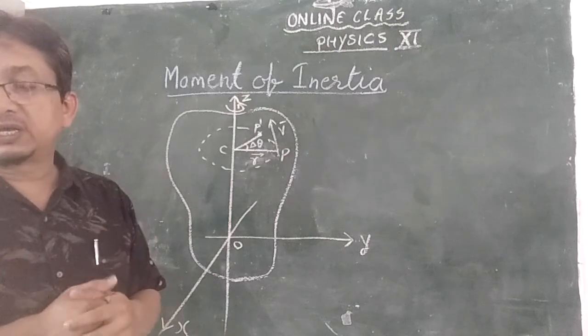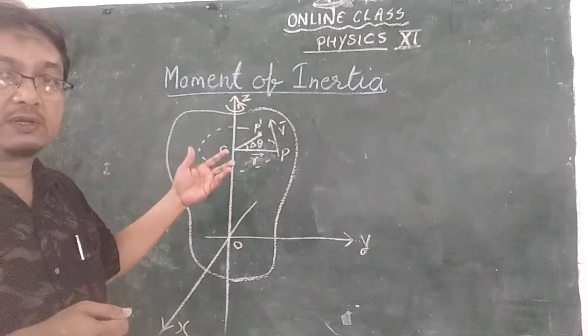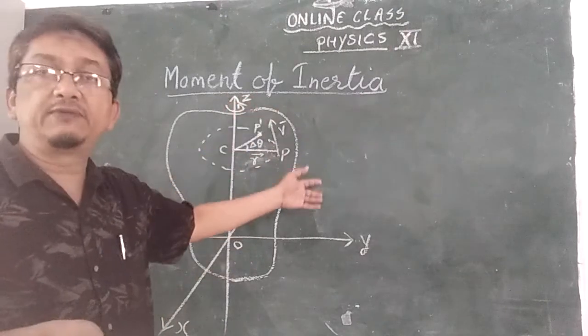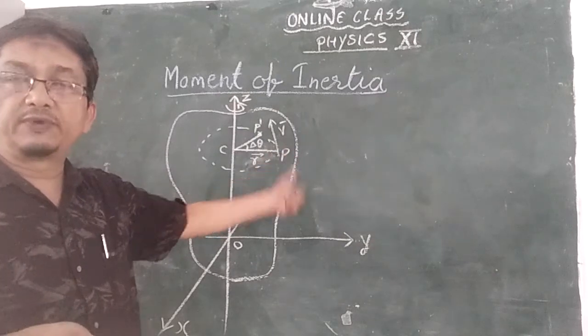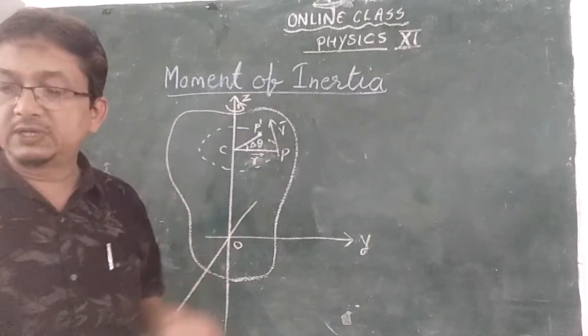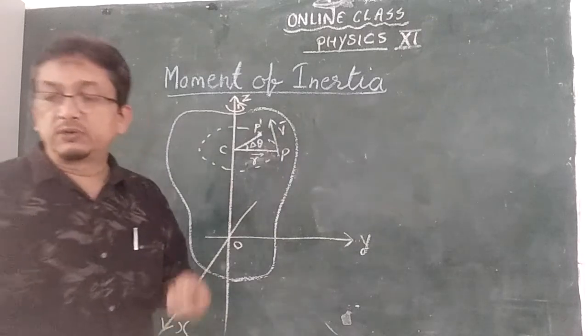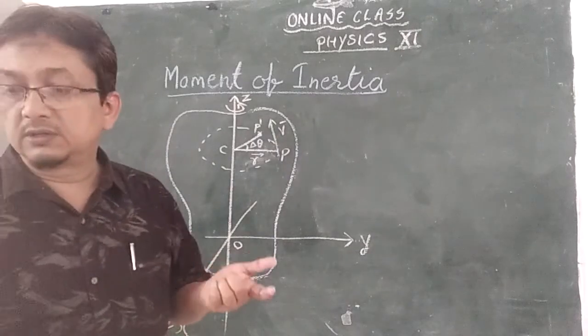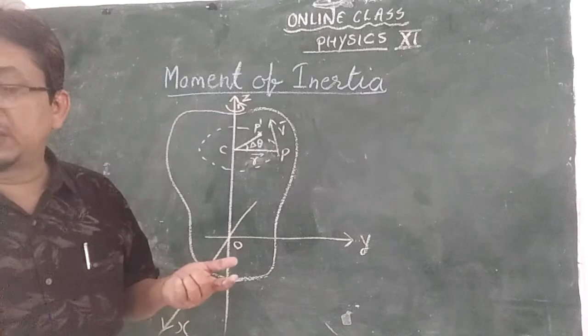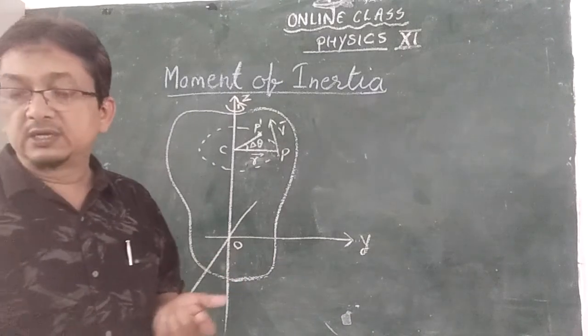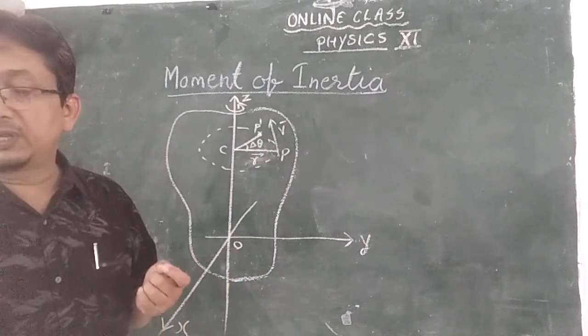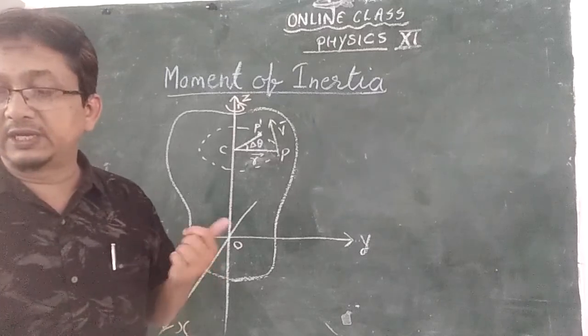So you can see here, you can easily derive the formula for moment of inertia I, and I will be the symbol for that. So you can write there, when a body is rotating about a fixed axis, each particle of the body moves in a circle with linear velocity.